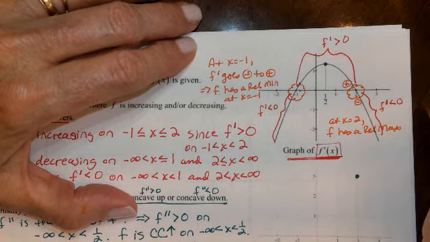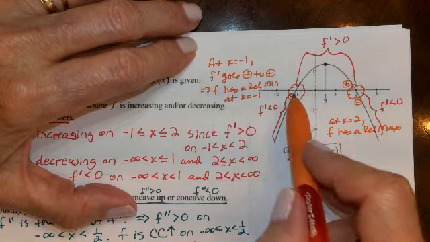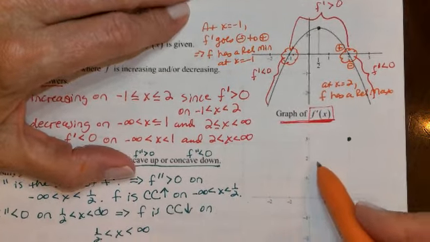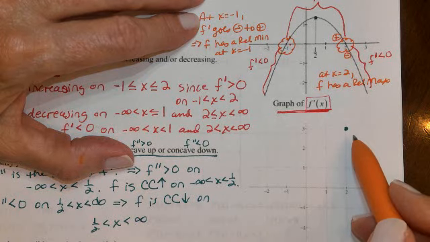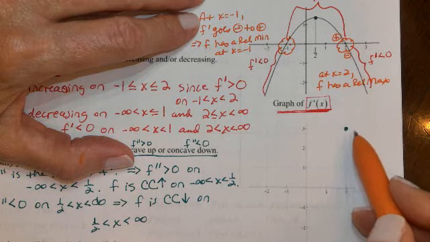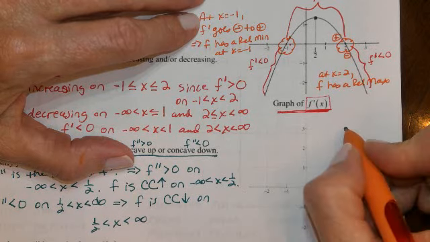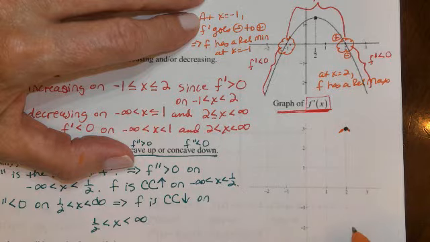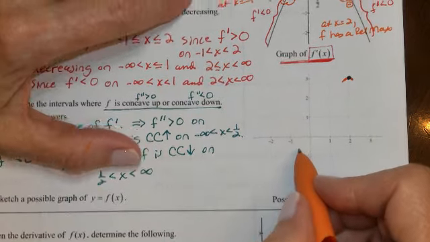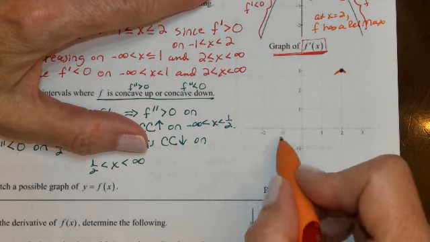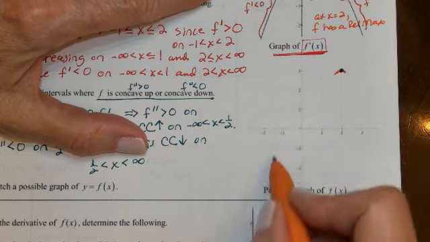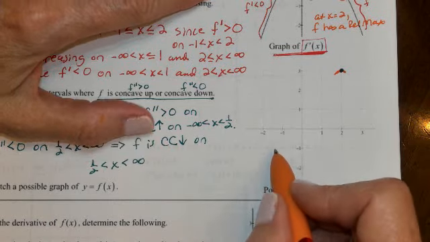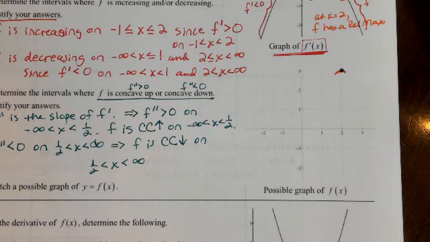So I know that somewhere at x equals -1, f is going to have a relative min, and at x equals 2, f is going to have a relative max. So relative max here, relative min somewhere over at x is equal to -1. So it doesn't matter where. Who knows where it is? Somewhere at x equals -1, we're going to have a relative min. And you can put it anywhere.